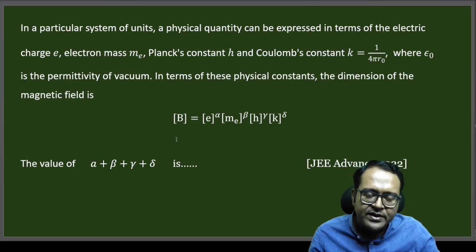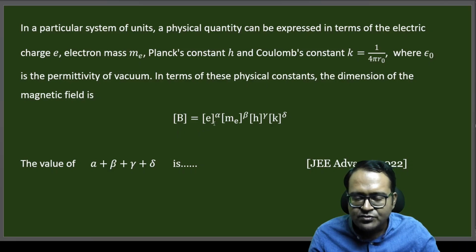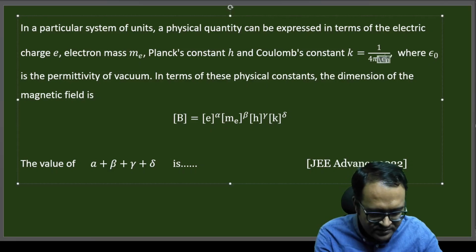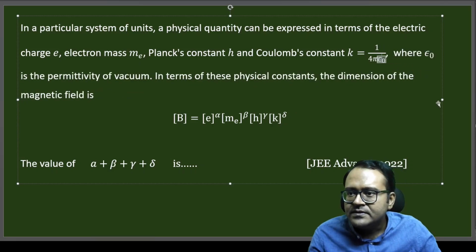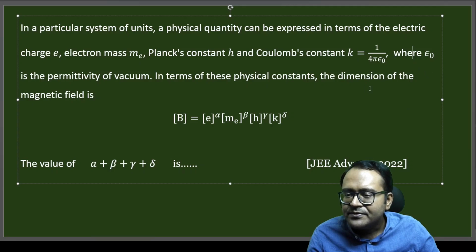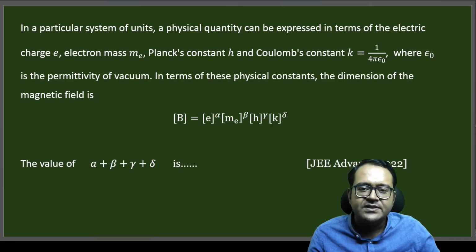So you equate the dimension of magnetic field with e to the power alpha, where e is the charge, m to the power beta, m is the mass of electron, h to the power gamma, and k is 1 by 4 pi epsilon naught. Sorry, this is epsilon naught, so ignore this. That's it. Equating all this, you find alpha, beta, gamma, and delta, and just find the value of alpha plus beta plus gamma plus delta.